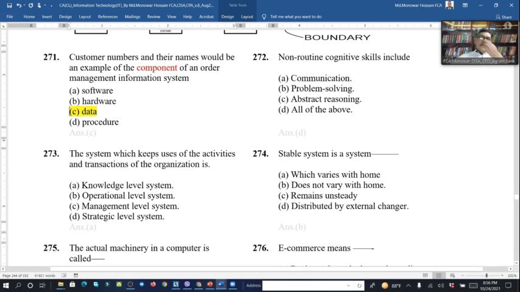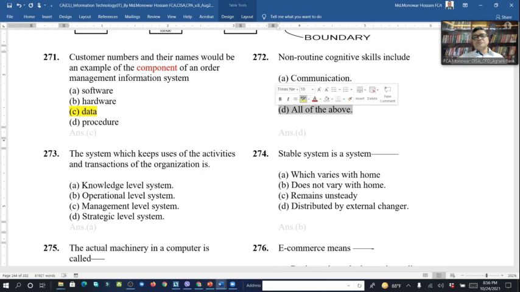Customer number and their names would be an example of a component of an order management information system, and that component is data. Answer C. Non-routine cognitive skills include communication, problem solving, abstract reasoning. Answer is D, all of the above.